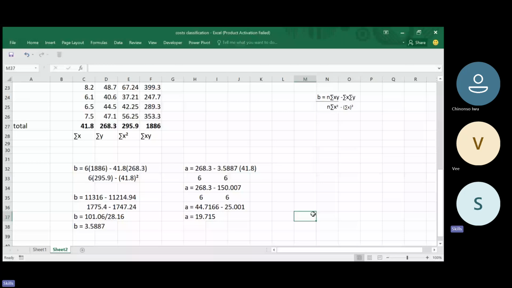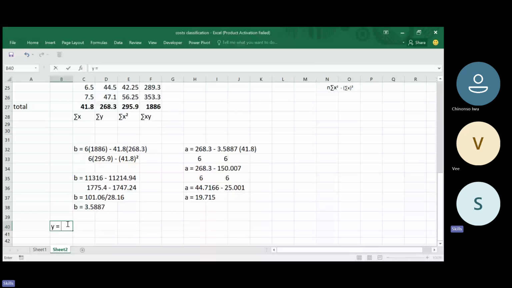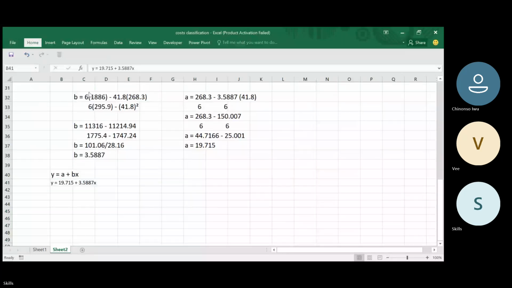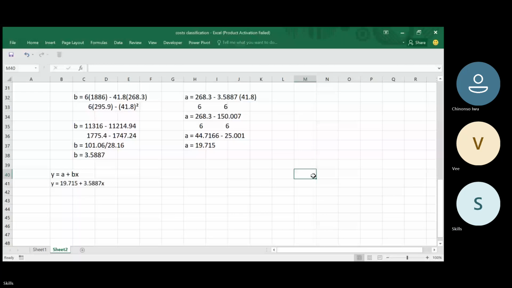If you substitute this into your straight line equation, y is equal to A plus bx, you will have your value of A and B. So y is equal to 19.715 plus 3.5887x.